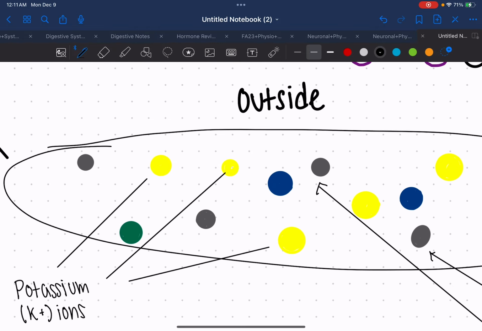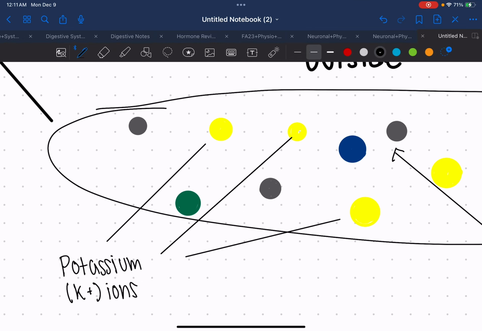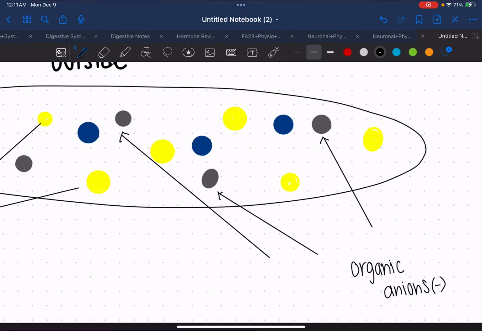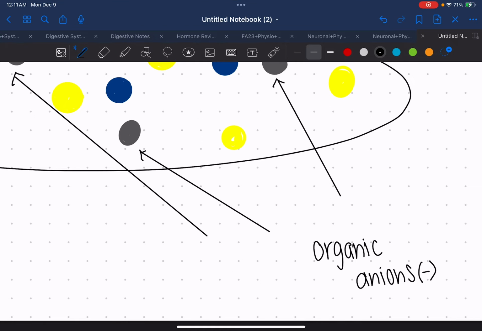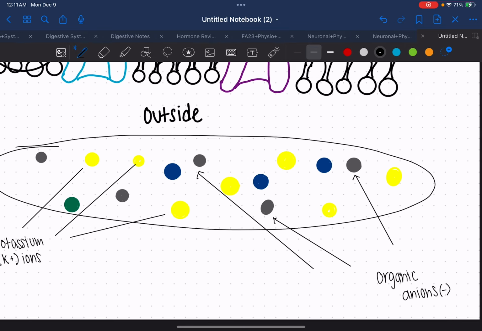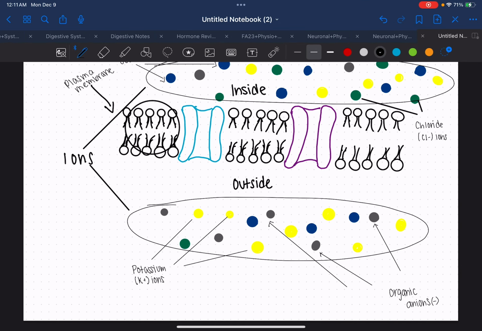Down here in yellow, we have positively charged potassium ions, and then various negatively charged ions, often referred to as organic anions, represented here by these gray circles. When a neuron is at rest, the potassium ions and organic anions are more prevalent inside of the cell.